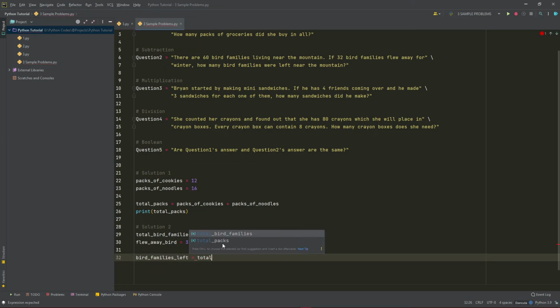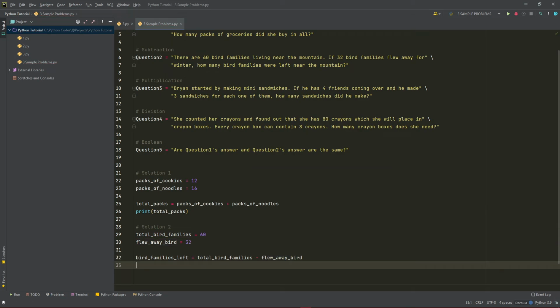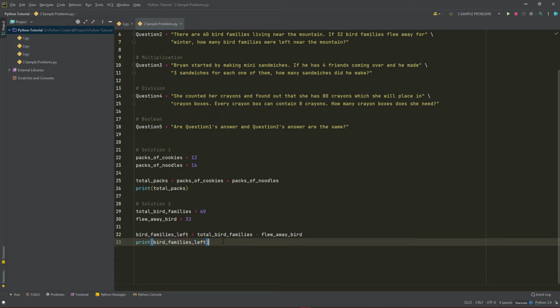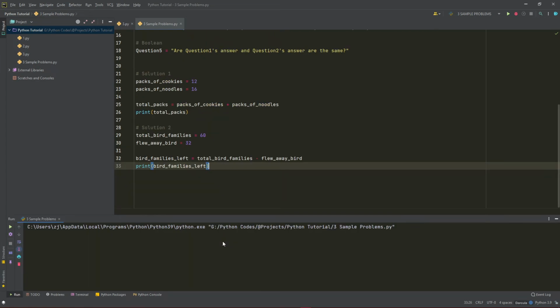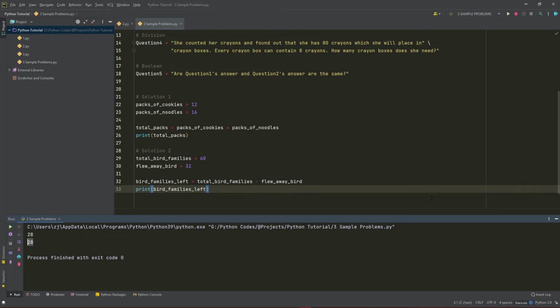Now we're just going to subtract the total bird families minus the flew away birds. And then we're just going to print whatever the bird families left is. Okay. And then let's run this. And we're going to be able to see that this is 28 as well, just like the solution 1.